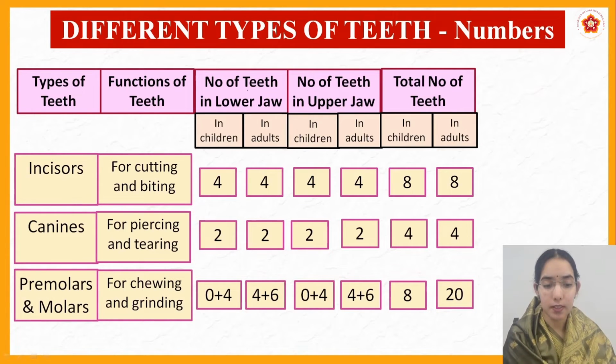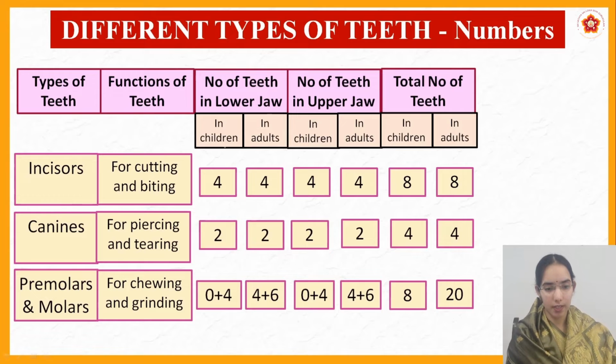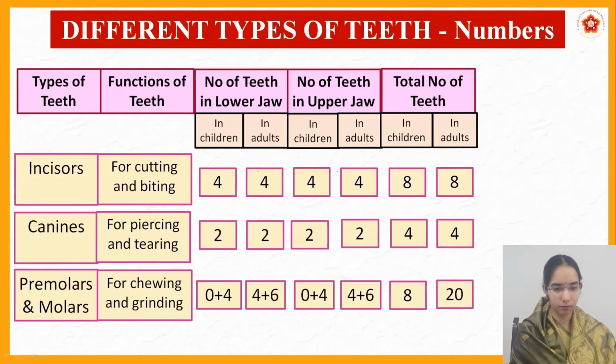Which makes a total of 8 premolars in adults. So I'll just write it down over here. So 8 premolars. And in children, how many premolars are there? 0 in total.